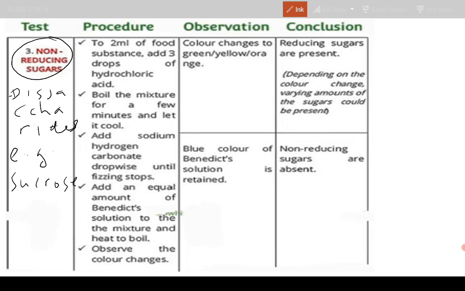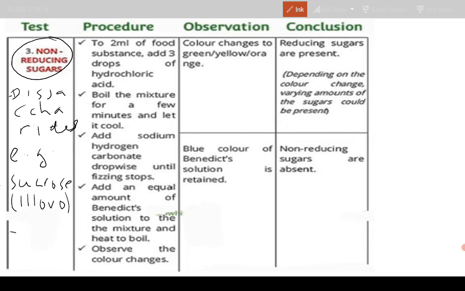Sucrose is the common sugar, like the loaf sugar which we use in food, like making tea. It's an example of a non-reducing sugar. Loaf sugar is a sucrose.